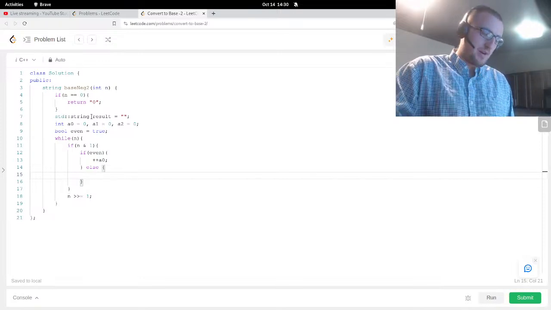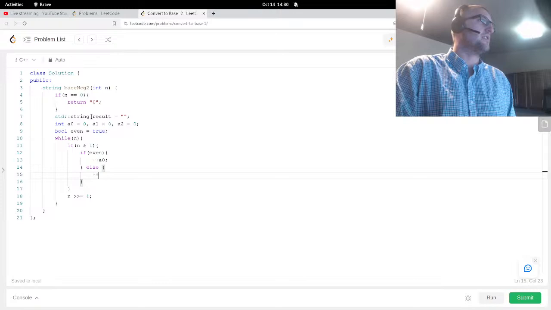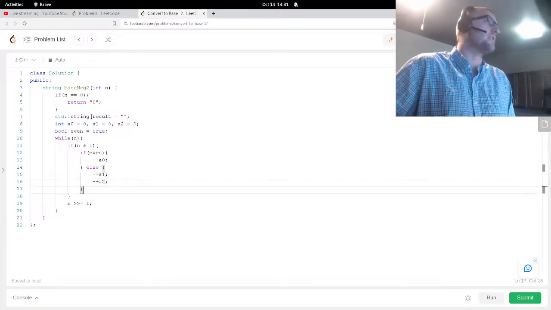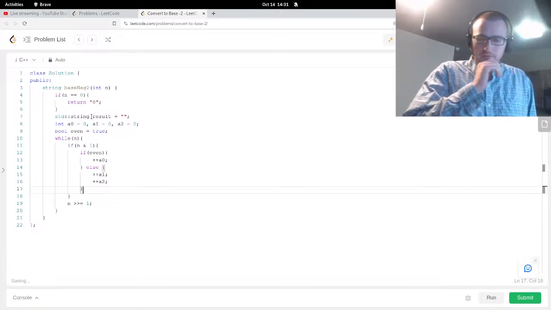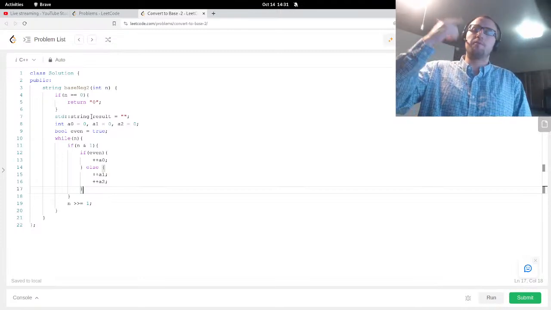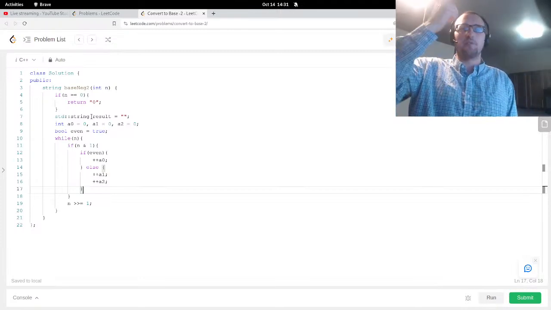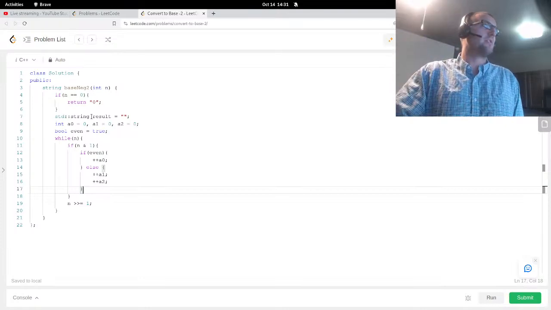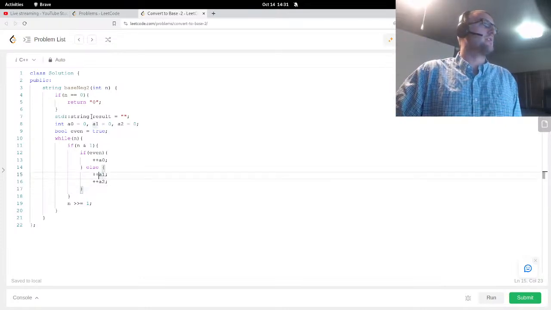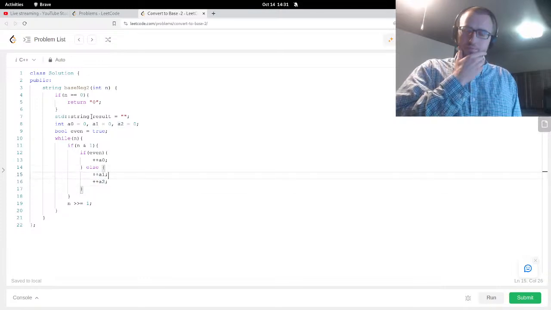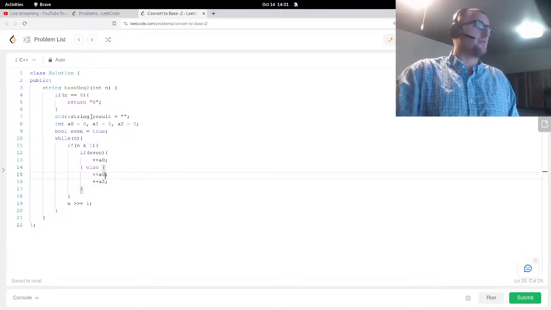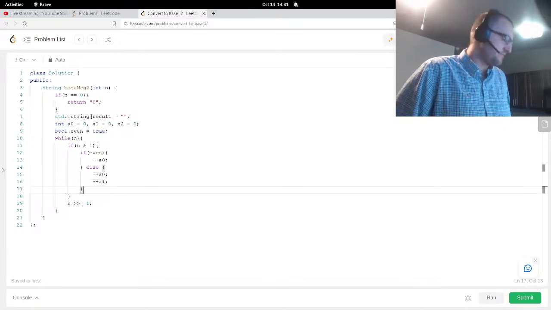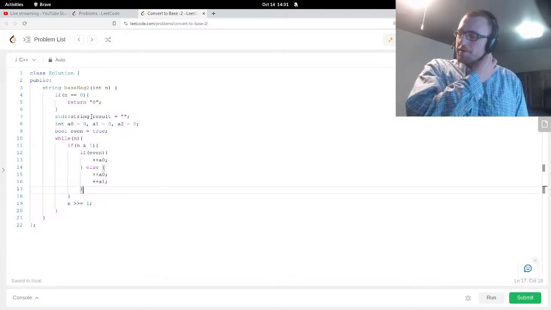Otherwise, it's an odd power, and you've got to take a1 and a2, right? If it's 2 raised to the third, you're going to take -2 to the fourth plus -2 to the third, right? That actually is 0 and 1. Is that right? Let me think about that for a minute.